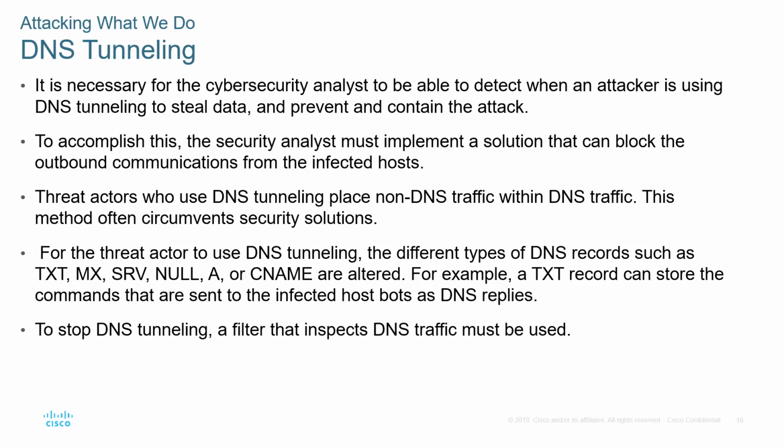So you want to be able to detect that. You have to be able to inspect. Write this down on the bottom. Make sure you write that down. You have to be able to inspect the traffic, the DNS traffic that's in the packet itself. All right, so let's continue. That's DNS tunneling.